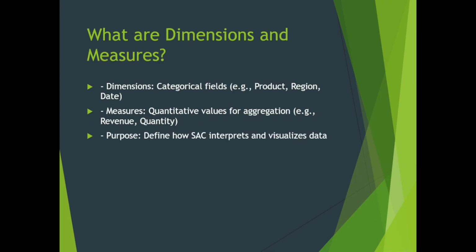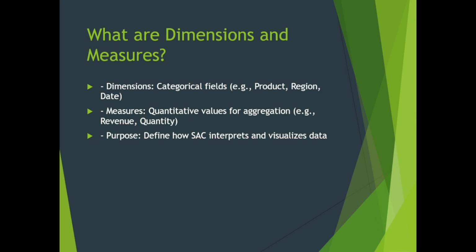So let's begin. First of all, the most important question is, what are dimensions and measures? Dimensions are categorical fields, that is product, region, date, etc. Whereas measures are the quantitative values for aggregation, for example revenue, quantity, net profit, sales, and so on.